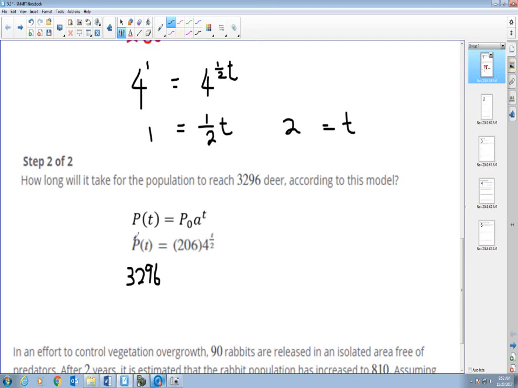So my future population of deer after so much time t, I want it to be 3,296, which we will set equal to the initial population times my growth rate to the half t power.